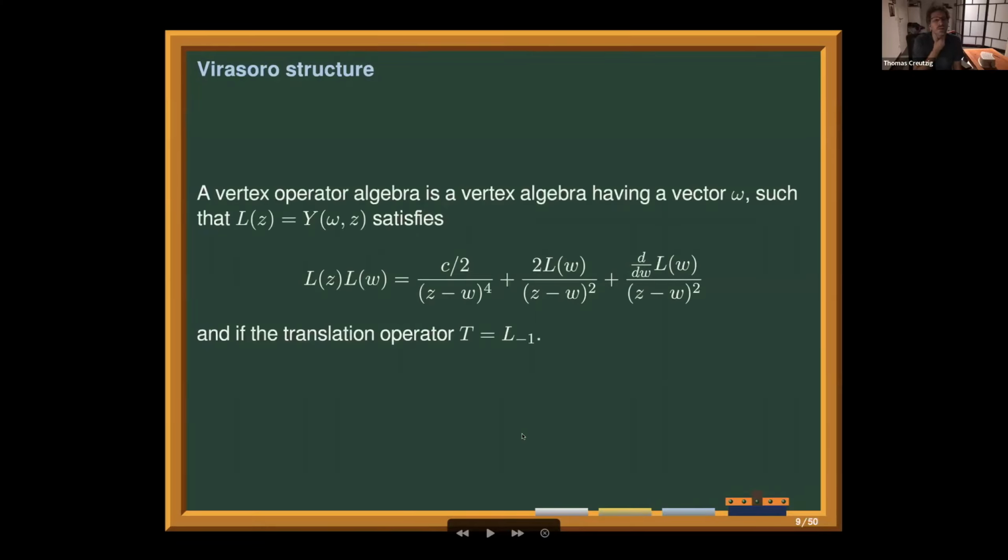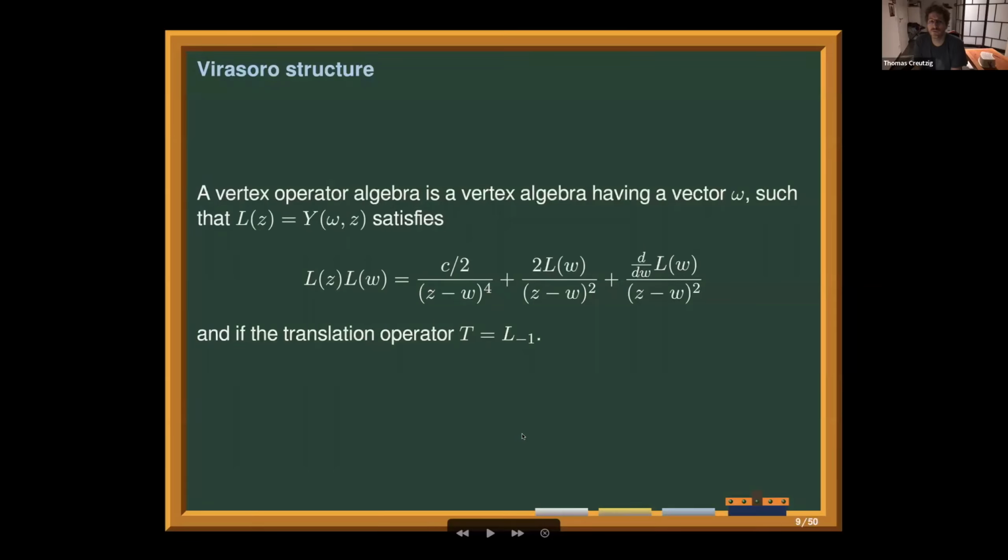And what I defined in the previous slide is called a vertex algebra, and the name operator... So the naming is not very clever, maybe. Anyway, the name operator refers to that this vertex algebra also has a Virasoro subalgebra, which is of course a must in two-dimensional conformal field theory.